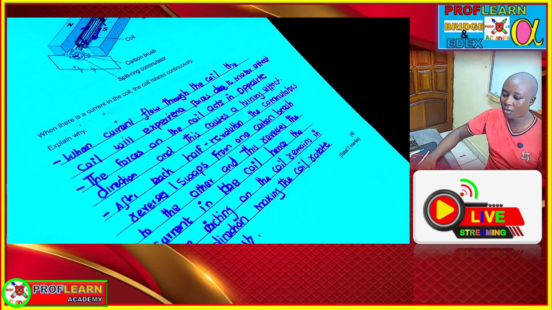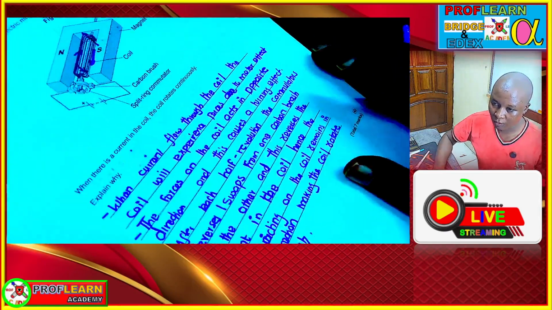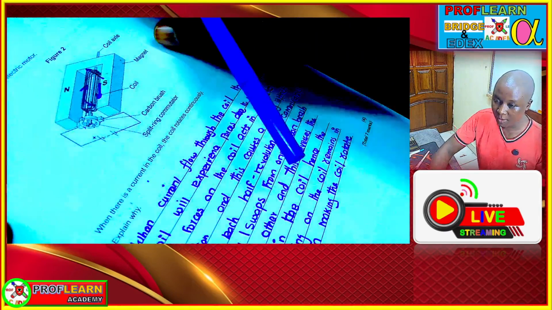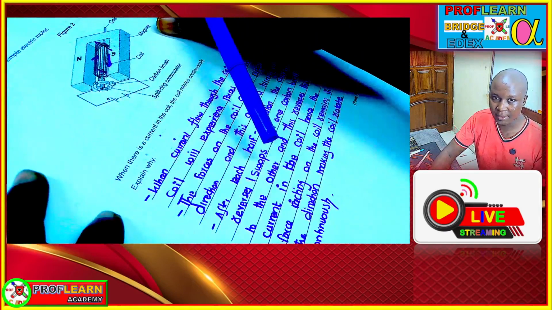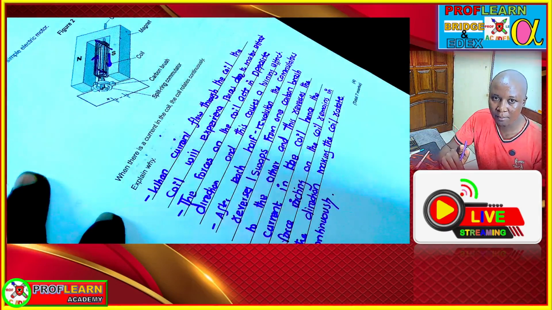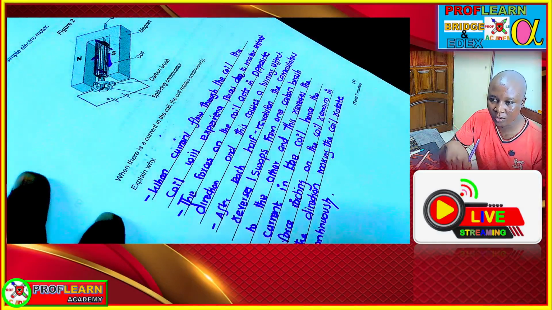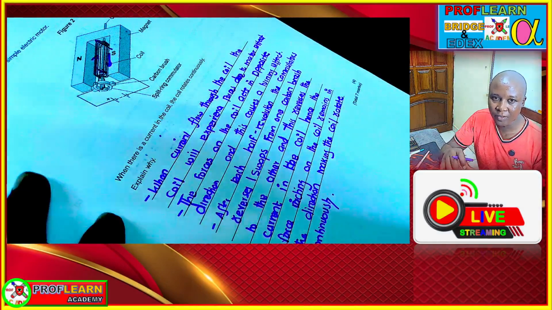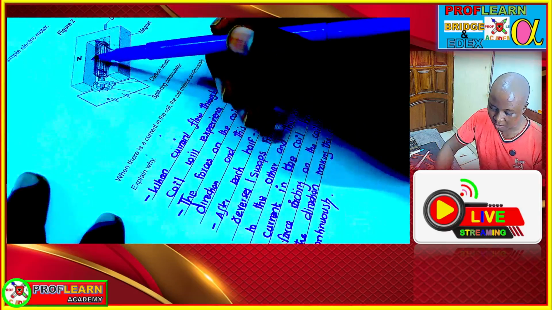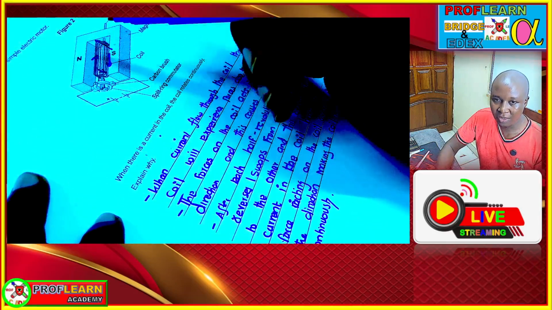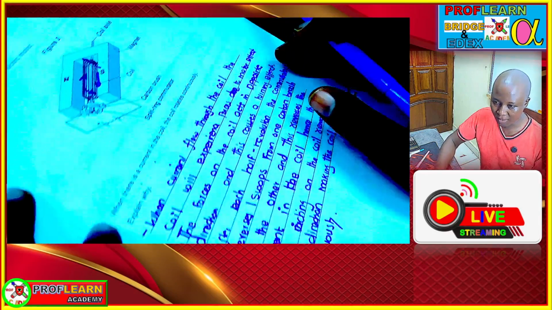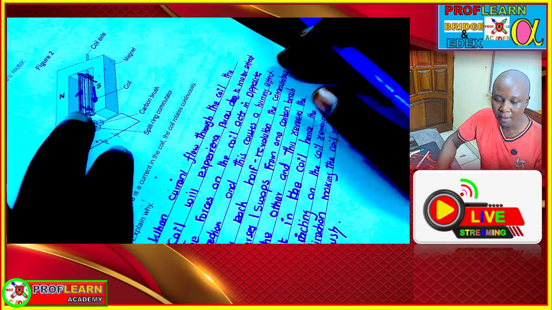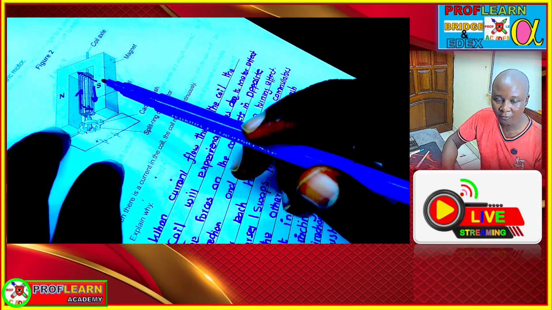So basically that's how you are going to approach this question of how a simple motor works. The only thing that you need to remember: where there is a current passing through the coil, there will be magnetic fields created around this coil. These magnetic fields are going to interact with the magnetic fields of the permanent magnet, making this coil experience a force.